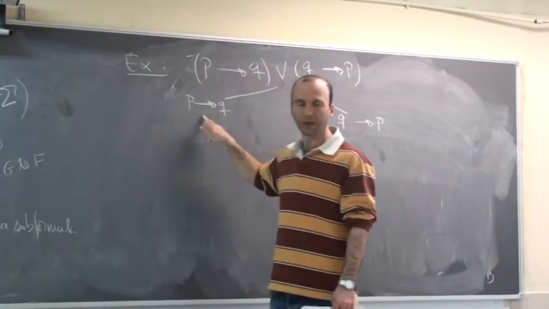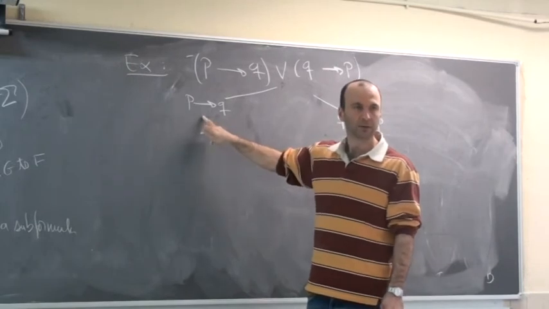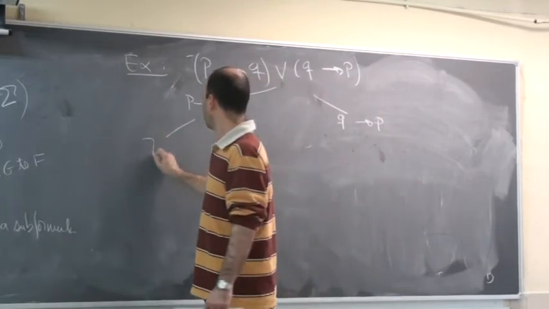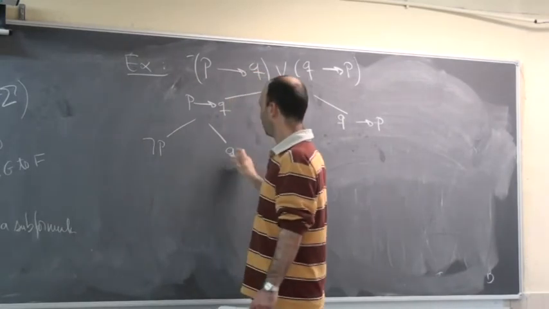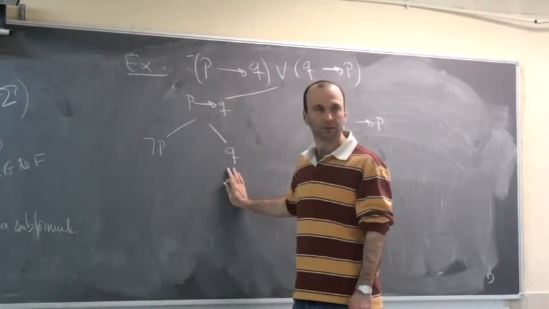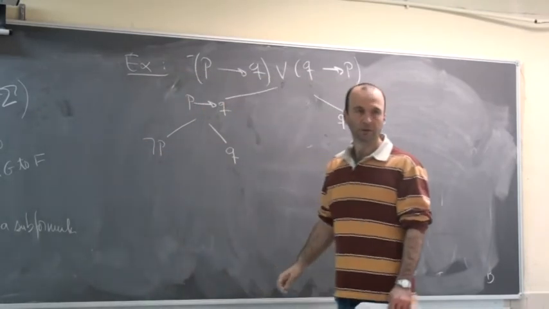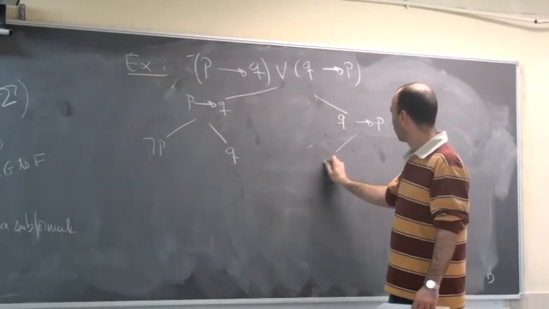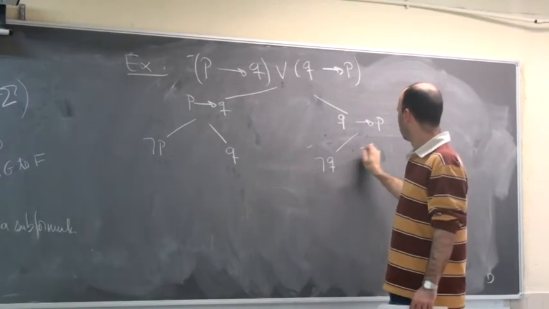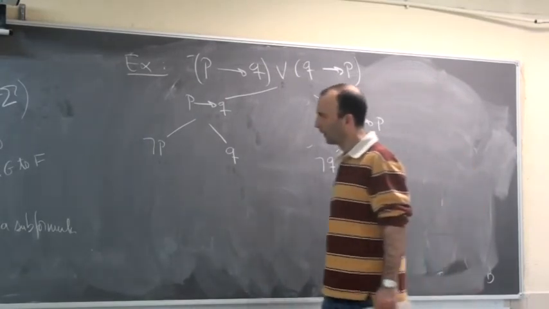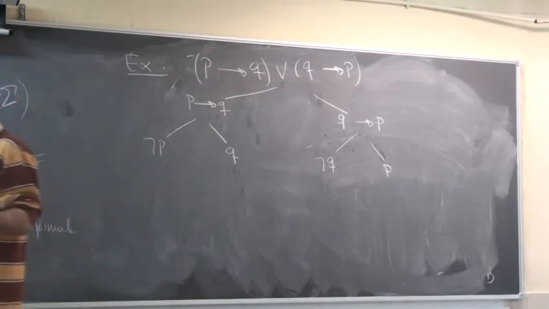What do I write here? Not P or Q. Okay, here I'm done, because I apply halting condition number 1. And here I say not Q and P. I'm done. Right?